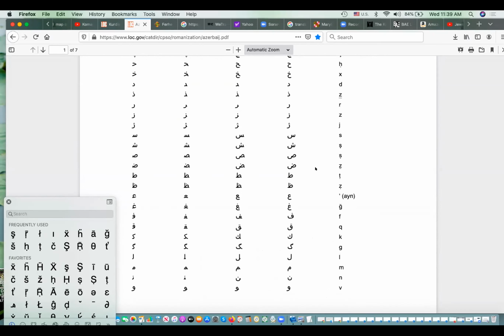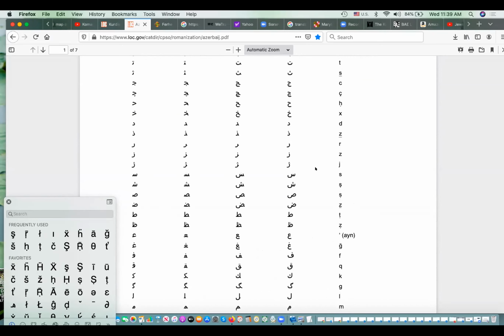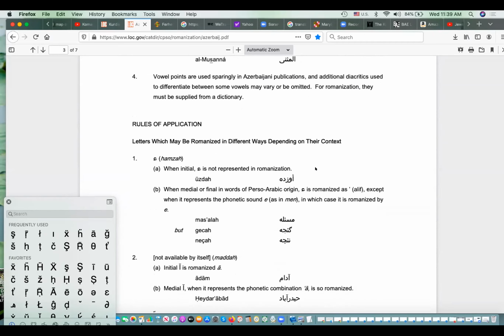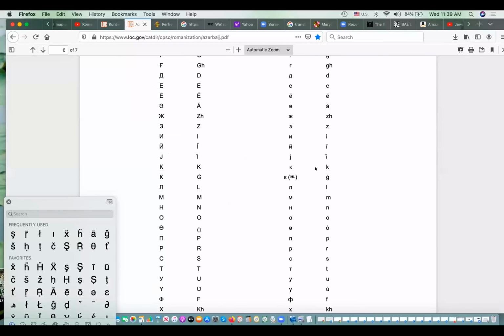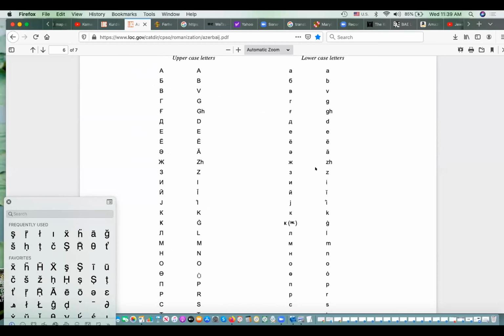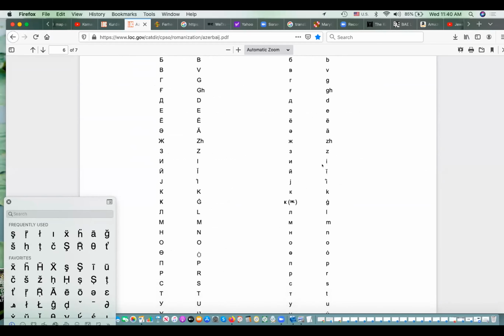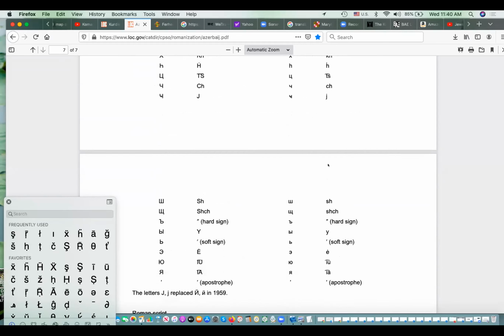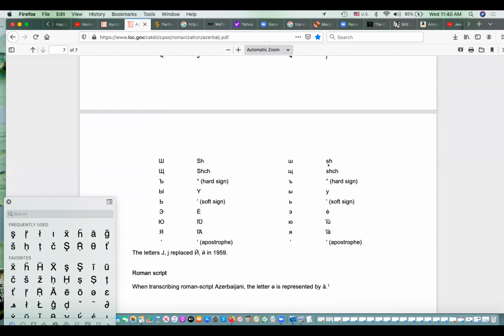So it differs from the way Persian and Arabic Romanize from the Arabic script. Then there's also the Cyrillic script, which basically has an end date of 1989, maybe a little bit over that, but in Azerbaijani, they basically switched over to the Latin script after the fall of the Soviet Union.